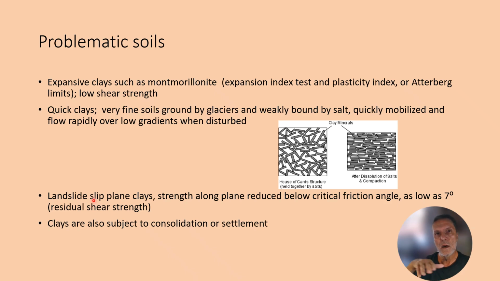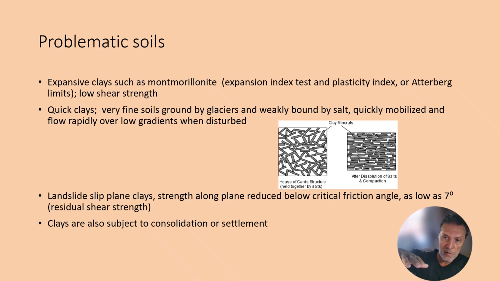Landslides slip along clay planes typically, which again have low shear strengths, maybe high cohesion, but very low friction. They may have friction angles of only 5 to 7 degrees, which is pretty low friction. And if you press down on clays, they can also consolidate.